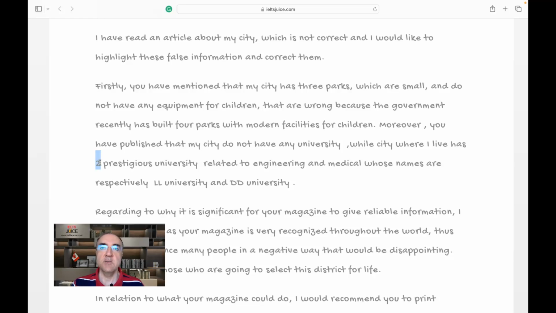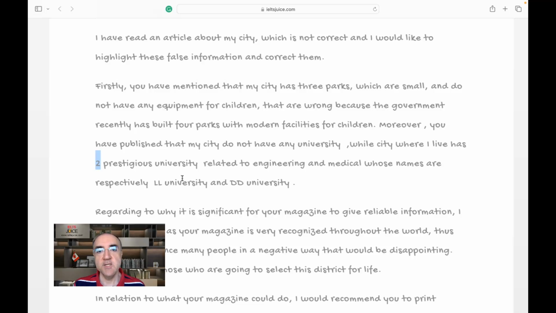One of the items that we need to be mindful of when we write a formal letter is for digits below 11. So it's 10, 9, 8, 7, all the way to 1 and 0. It's better to write them with letters, not in digits. So 2 here would have been better written as "two" instead of the digit 2.